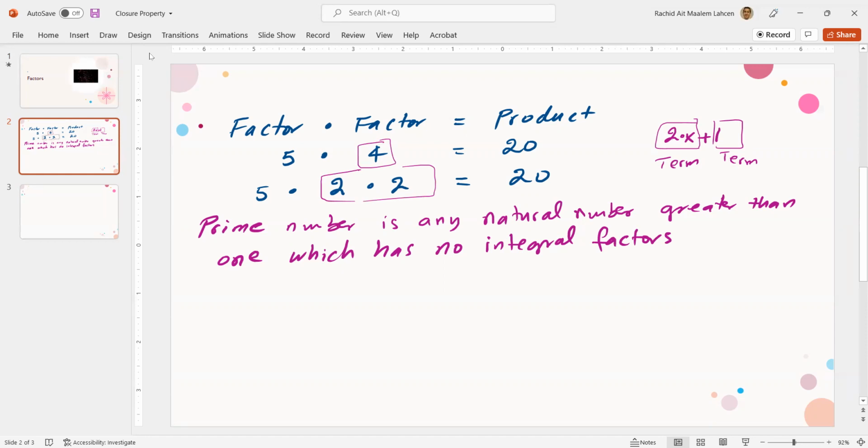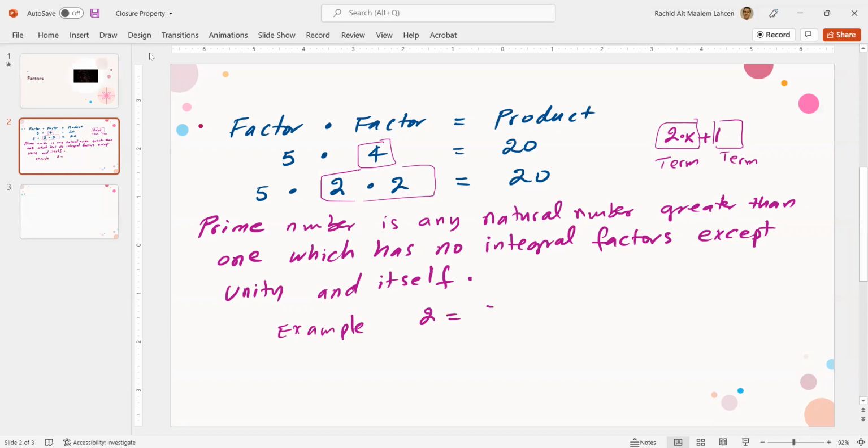So 4 is not going to be a prime number, but 2 is going to be a prime number. Let's continue this definition: which has no integral factors except unity and itself. This brings the example of the 2.